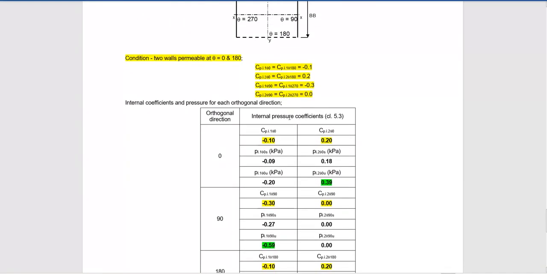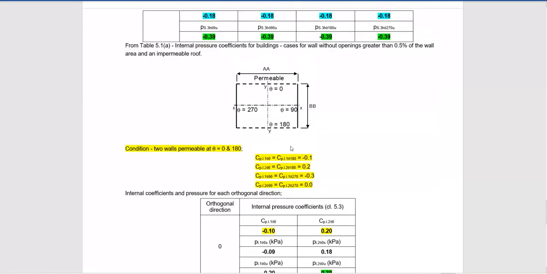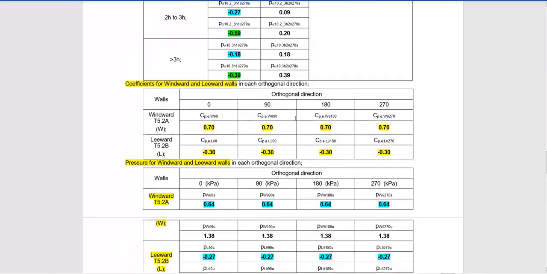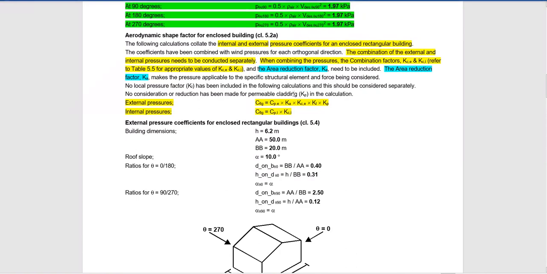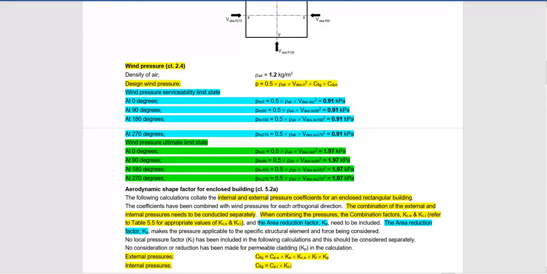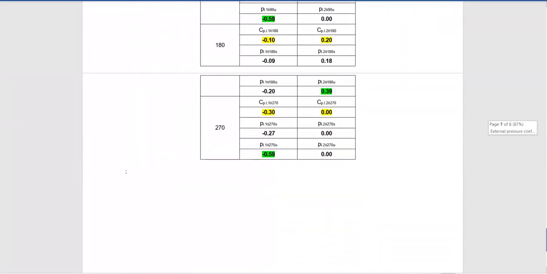So the same step that we did initially for the Cpe value: get all the Cpe and multiply it by Cpi times Kci, then multiply by the coefficient that we got from the table below.